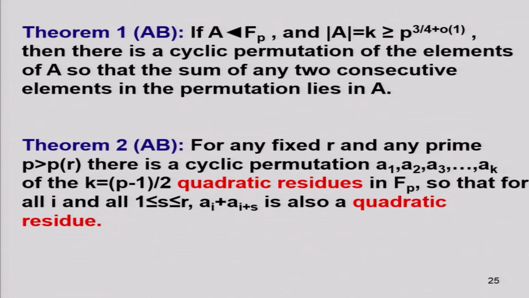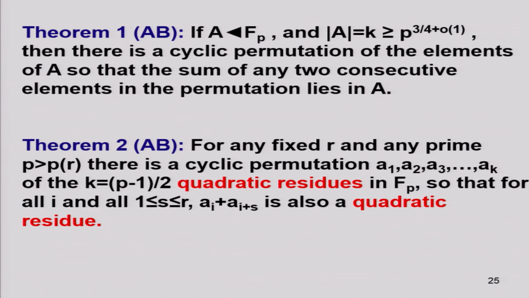Namely, whenever you have a multiplicative subgroup A whose size is just a little bit bigger than p to the 3/4, so there are some logarithmic terms, but here I wrote p to the 3/4 plus a little bit, then always it is possible to put the elements of A along a cyclic permutation so that the sum of every consecutive pair is also an element of this multiplicative subgroup.